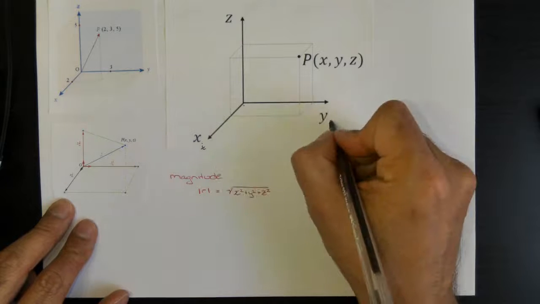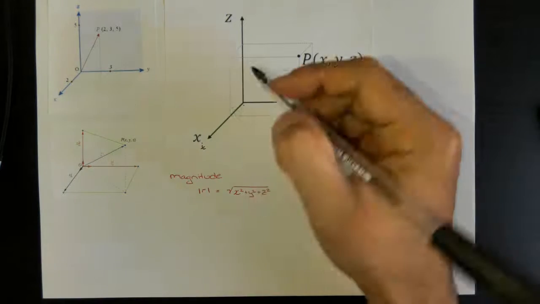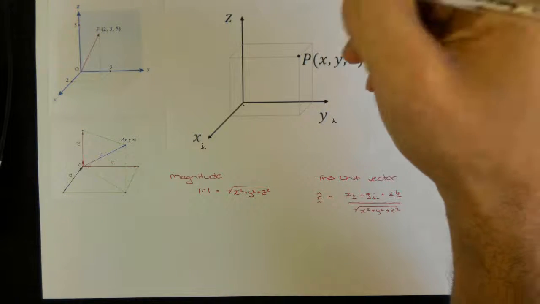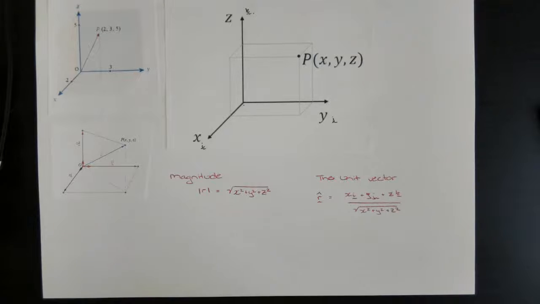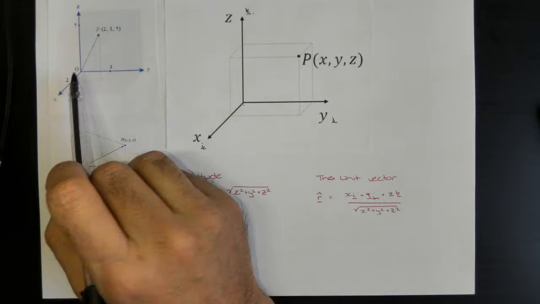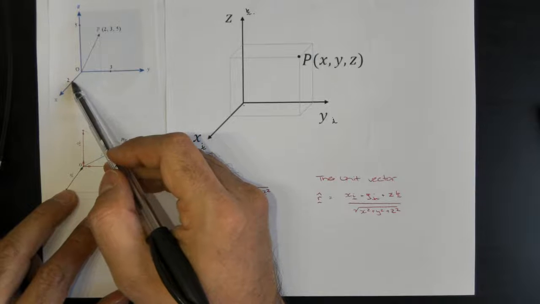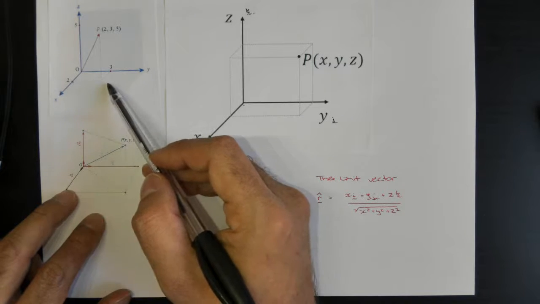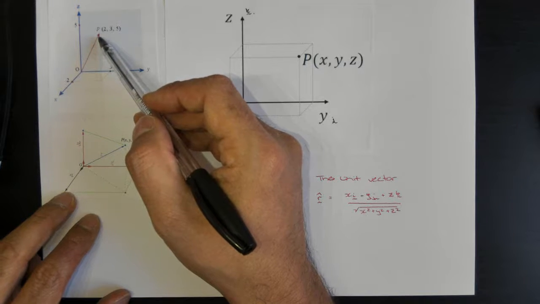The y is the j component, that's going to go horizontal, and the z is the k component. So if the point is (2, 3, 5), it goes 2 in the i component, 3 in the j component, and then 5 up into the z component.